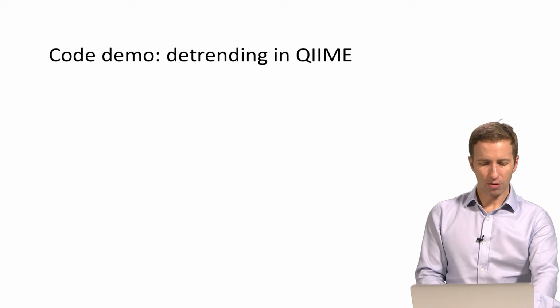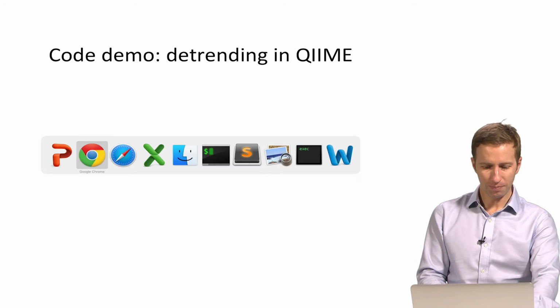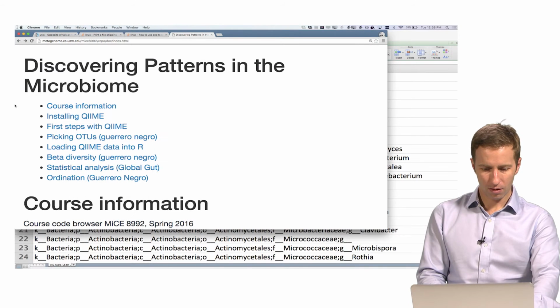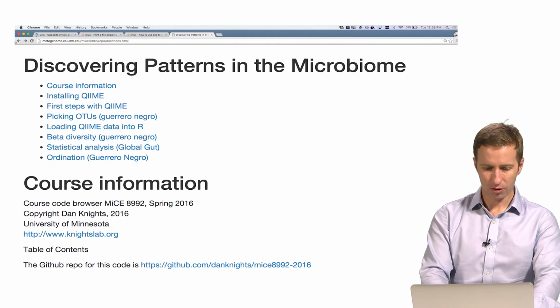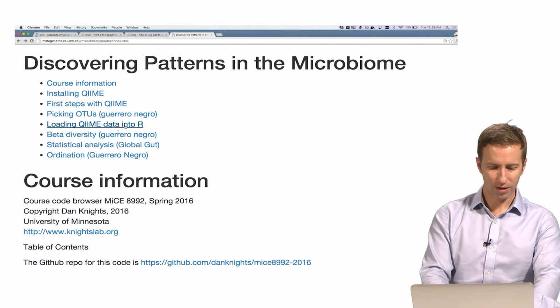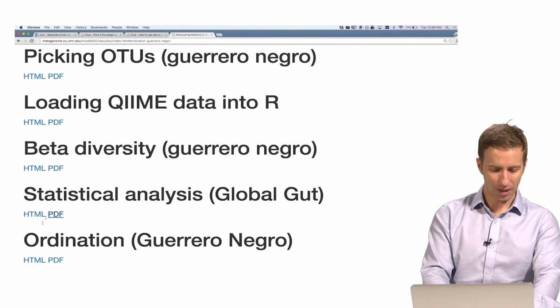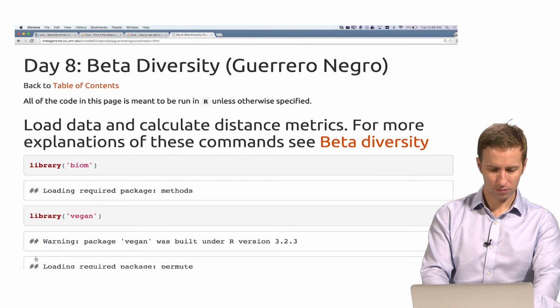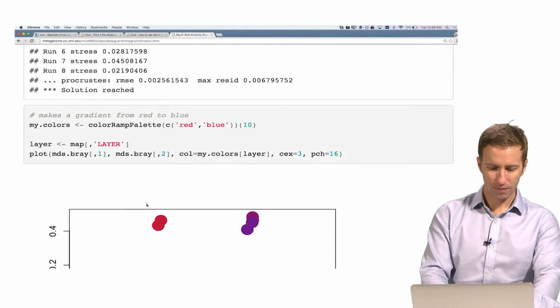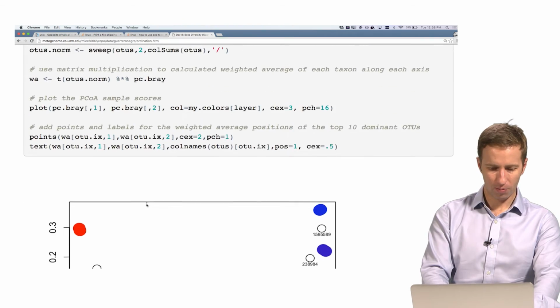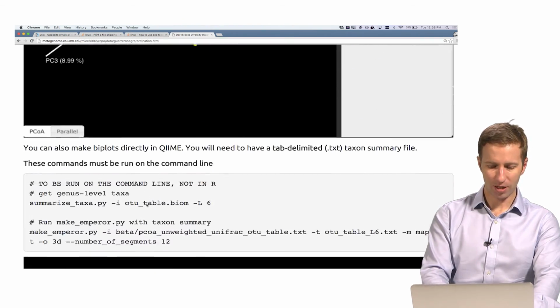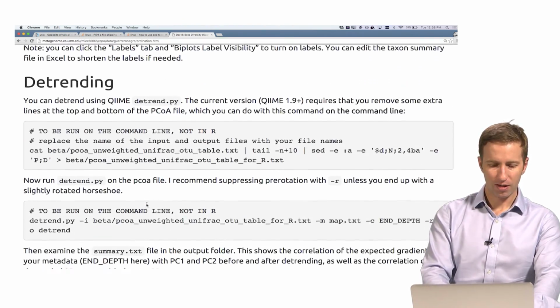Now I want to do a little code demo of detrending in QIIME. So we'll go back to the course code browser, back to the ordination page, and right to the point where we had finished doing the biplots in QIIME.